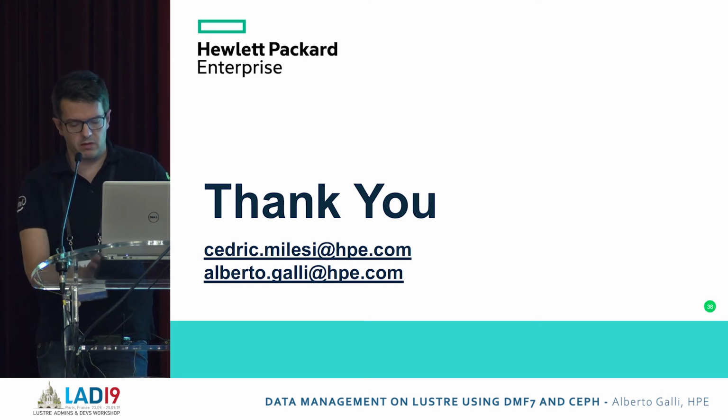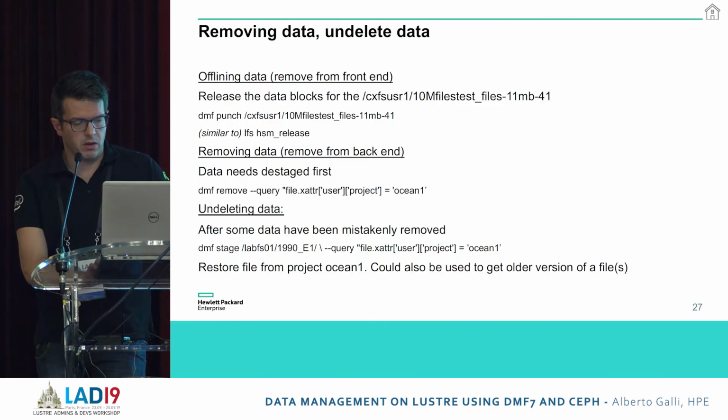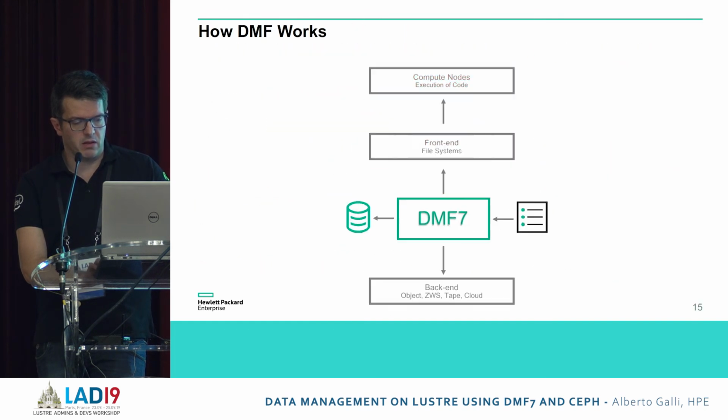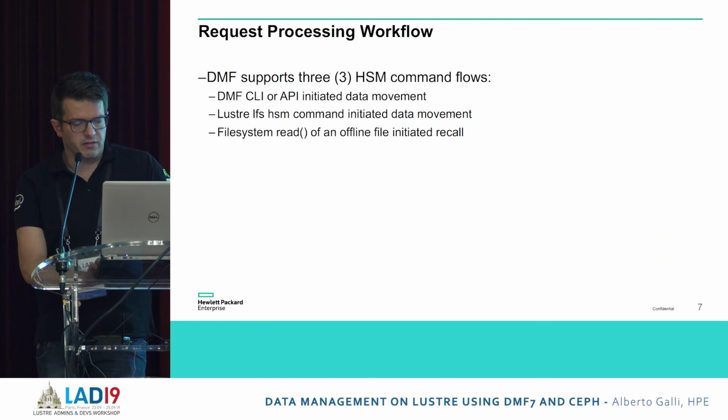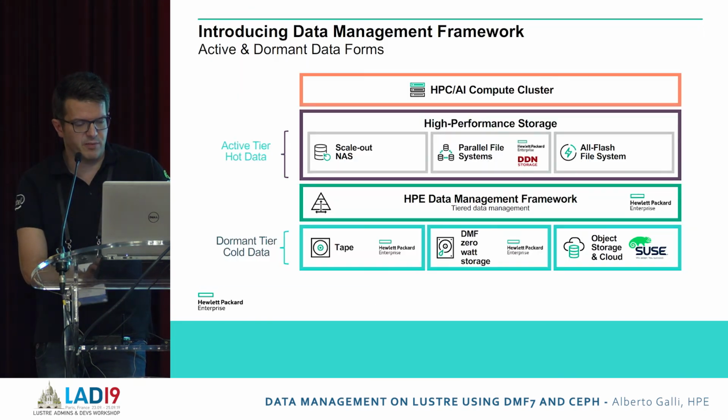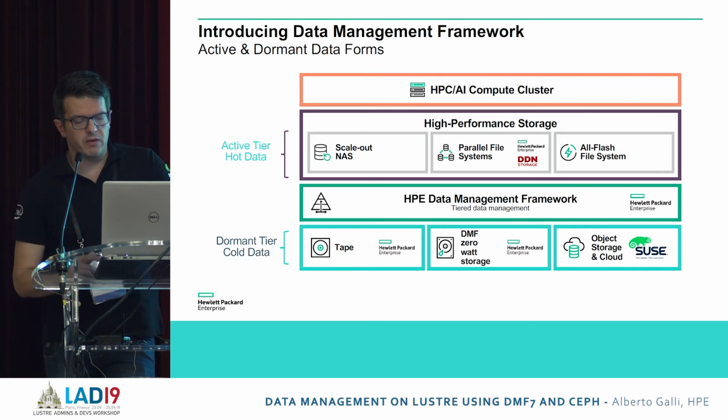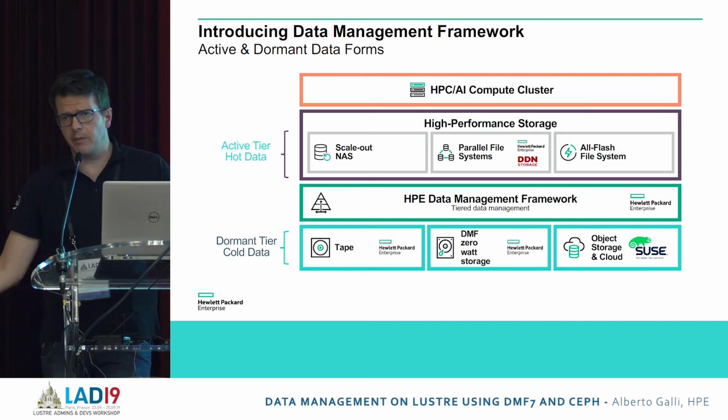What we recommend is, if you come here, I think that's the first slide. Yeah, this one. There is another backend called zero-watt storage. Basically, a bunch of drives, a JBOD, where we treat disk drives as tapes.